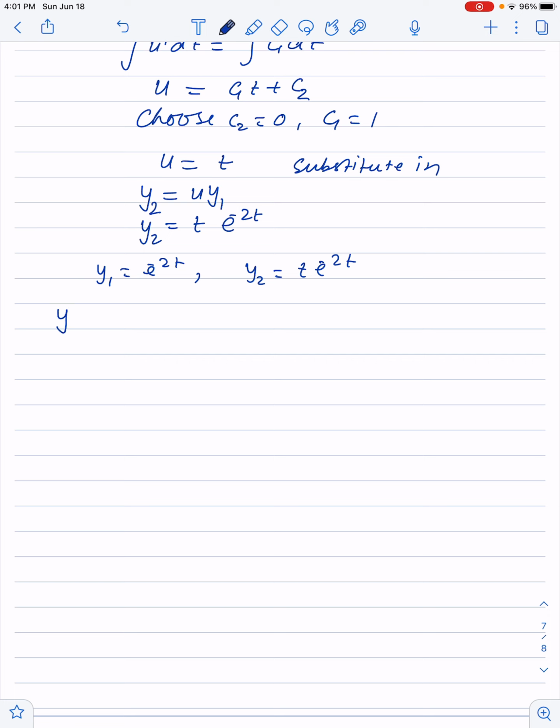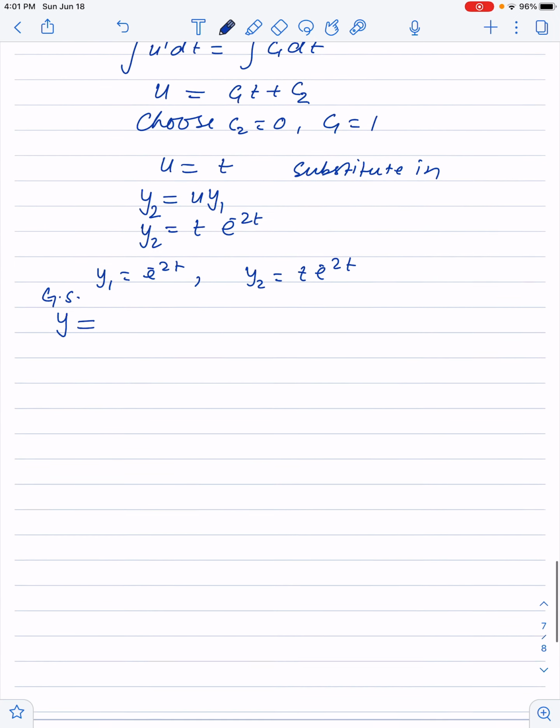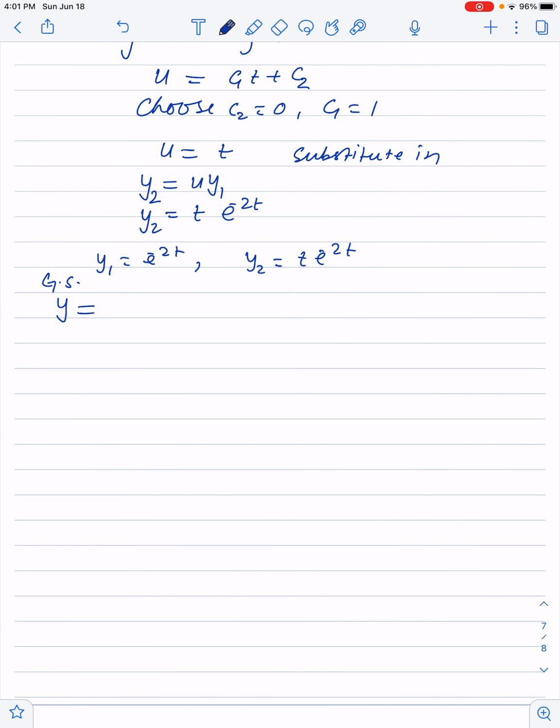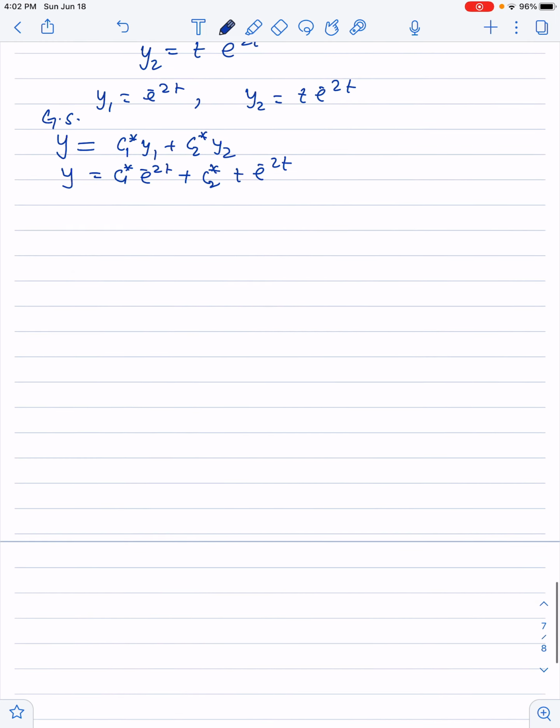Thus the general solution of the DE would be, I'm not using C1 because we have already used C1, so C1 star y1 plus C2 star y2, and C1 star y1 is e to the negative 2t plus C2 star t times e to the negative 2t. But this is an initial value problem, so we can find the value of the constants.